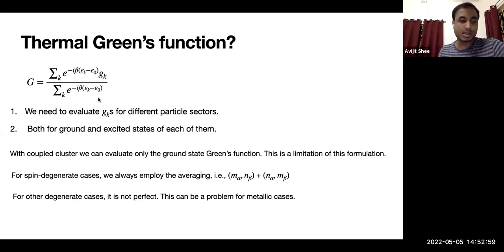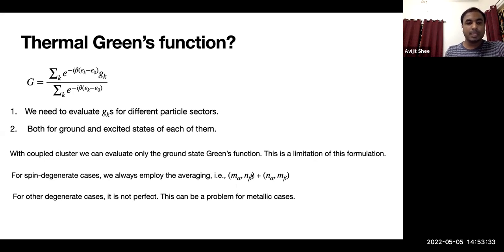So what we do here is for spin degenerate cases. What I mean by spin degeneracy is that m number of up and n number of down, and n number of up and m number of down, are of the same energy. So we can just take the average of them, which we always do.